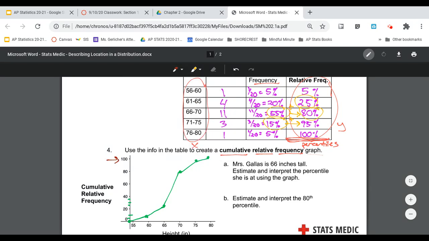So this always goes up to 100% or 1.0. These graphs always start at 0 because you start with none of your data and you slowly build up to all of your data. Remember that this is just a percentile.